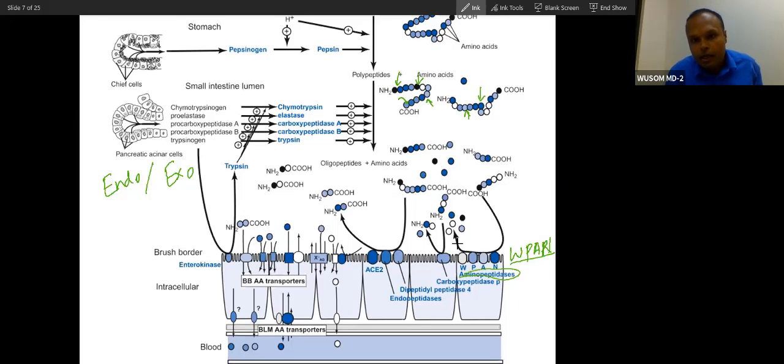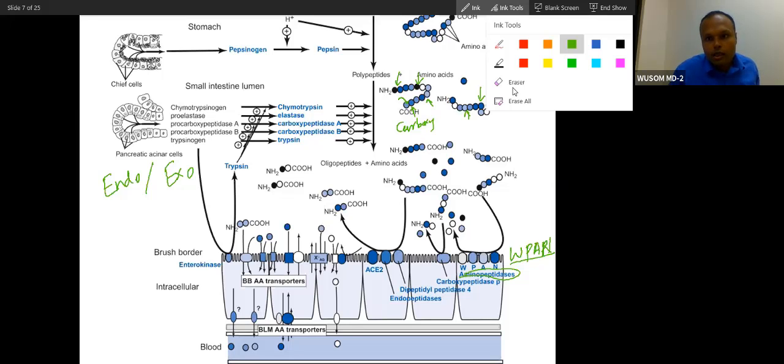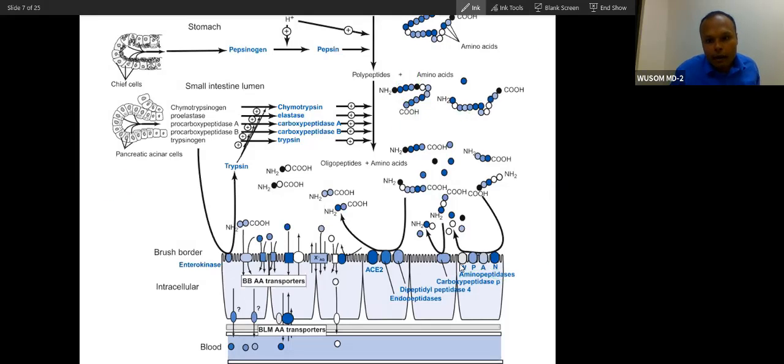The name is derived from this because it acts from the amino terminal. If it acts on the carboxy terminal, you can call it carboxypeptidase. As a matter of fact, aminopeptidase and carboxypeptidase have different types, unlike trypsin and chymotrypsin.